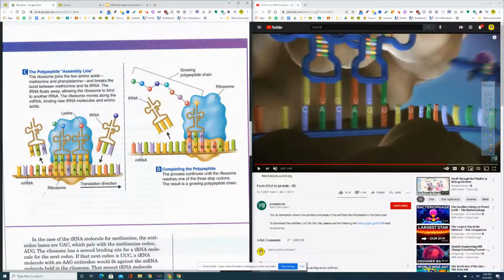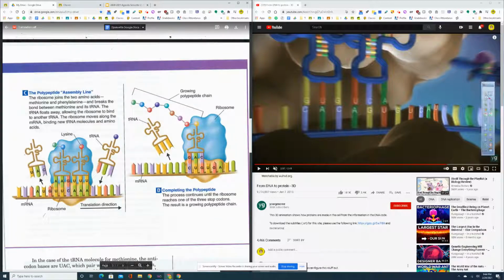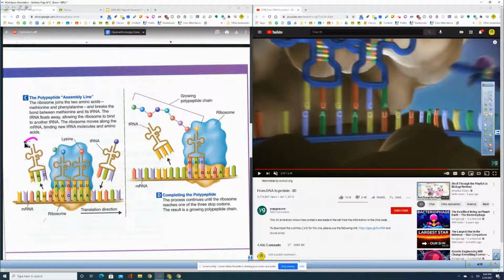So this is what it's saying here. If you take a look, we have here that tRNA that was carrying the green amino acid, methionine. And so what happened is the ribosome attached these two together, and then once these two got attached, it broke the bond to this one, and now this one gets released.